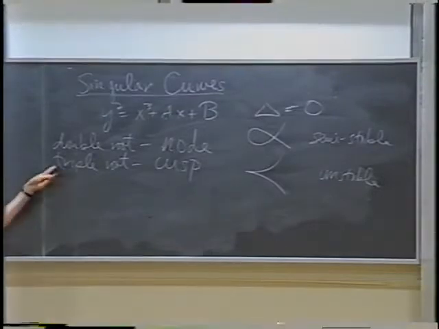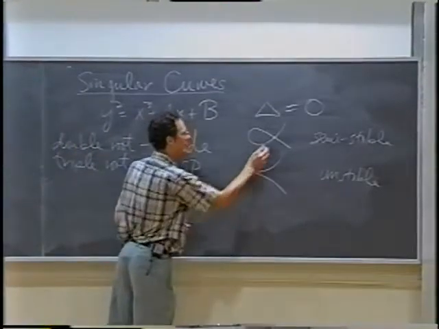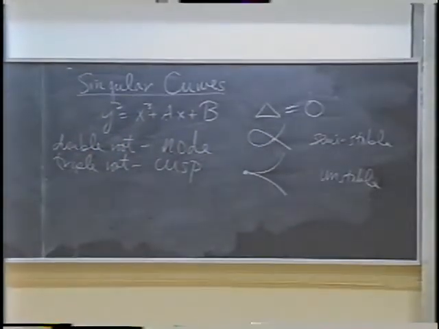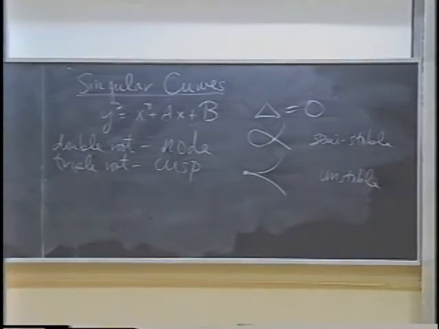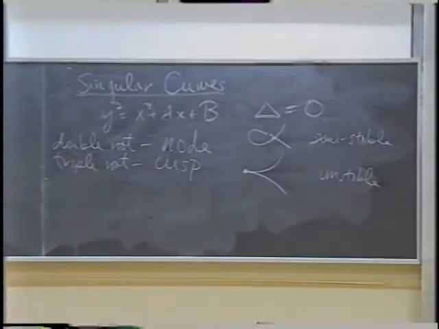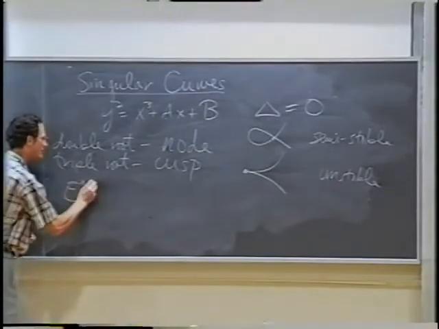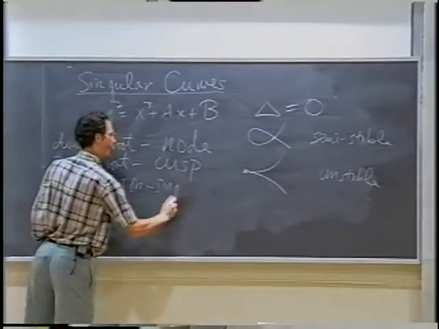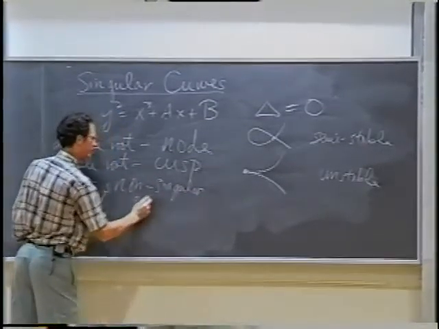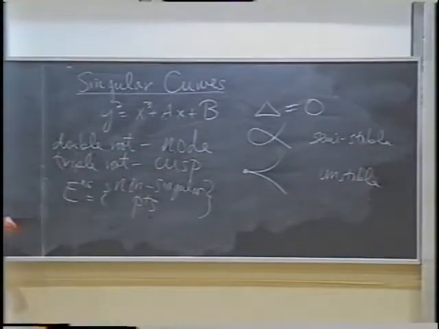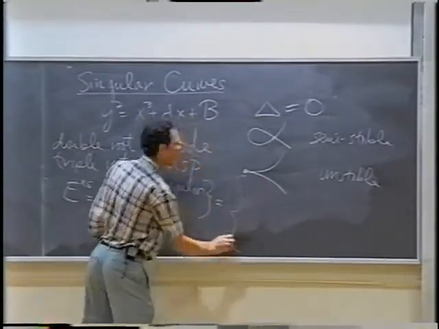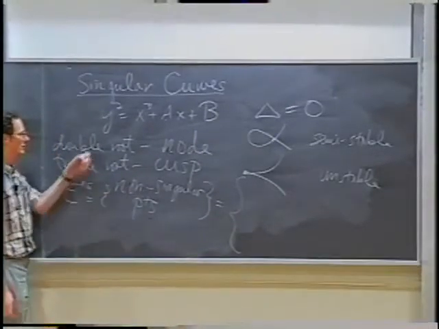However, even when there's a singularity, if you throw the singularity away, the exact same rules apply. You can either use the formulas or use generalized divisor class groups. The set of non-singular points, E_ns, still forms a group, and in fact the group is very easy to analyze. It's much easier than an elliptic curve in many ways. There are two cases corresponding to these two types of singularity.